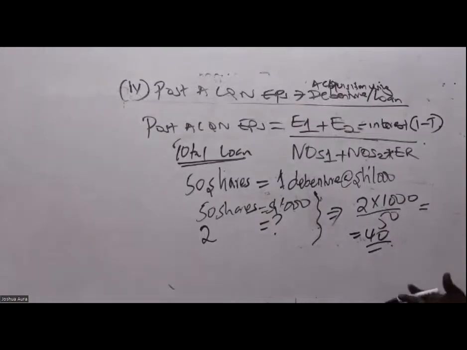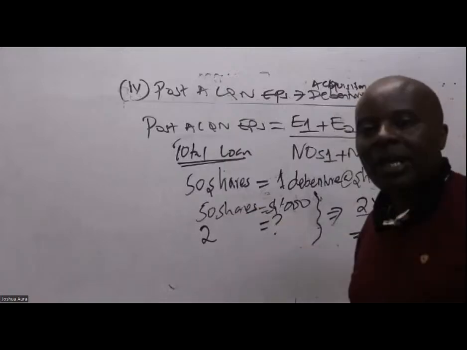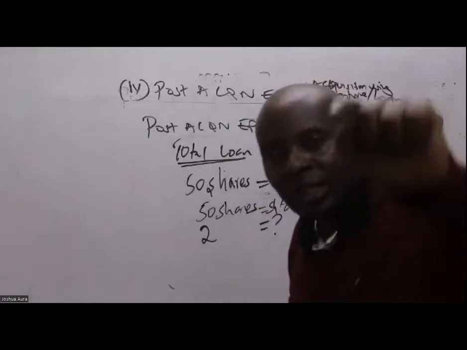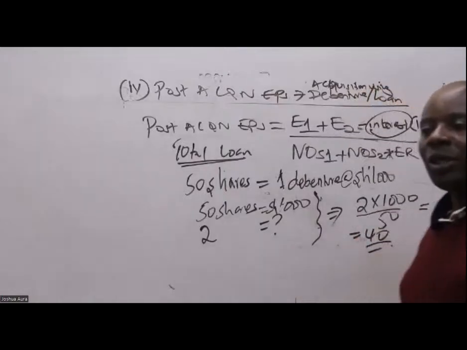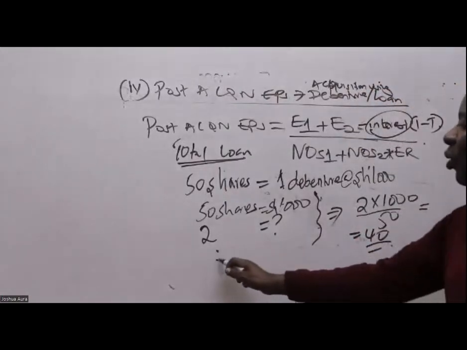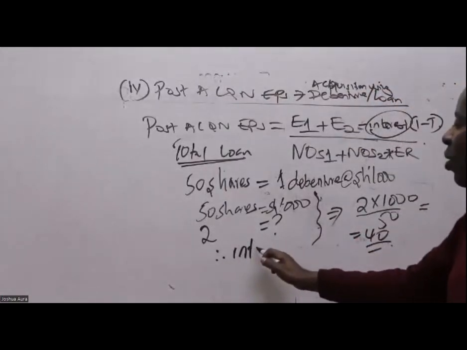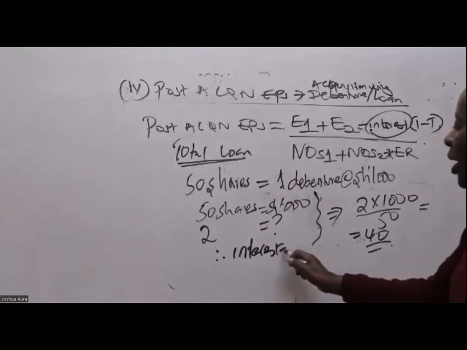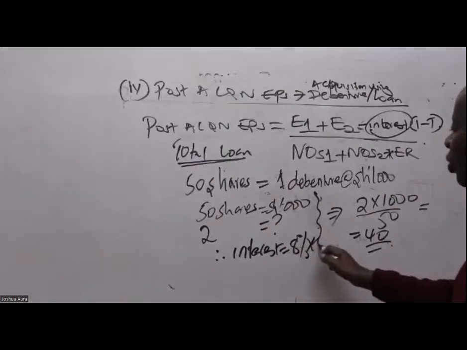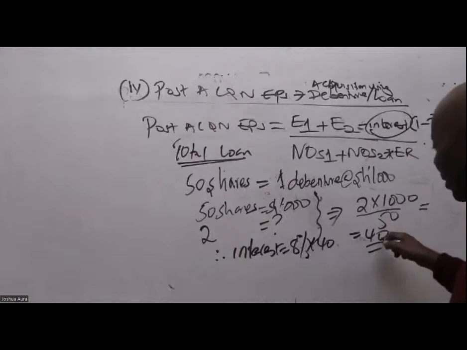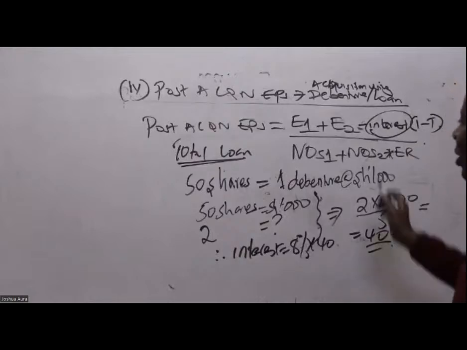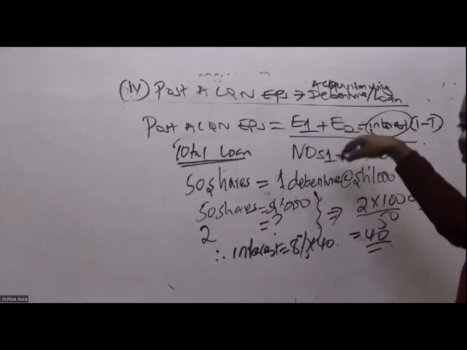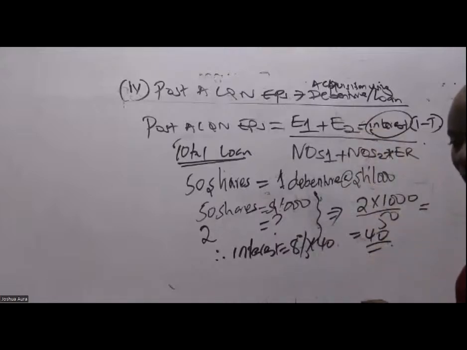What I am after is the interest. Have they told me in that question what the coupon rate of interest is? Therefore, interest payable will be 8% of the total loan. I know the loan is 40 million, but all these figures don't have the millions, they're minus those zeros.